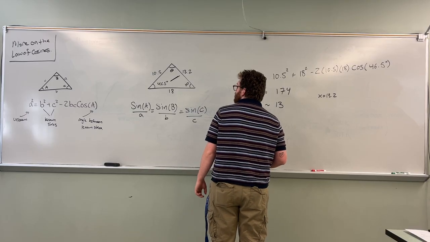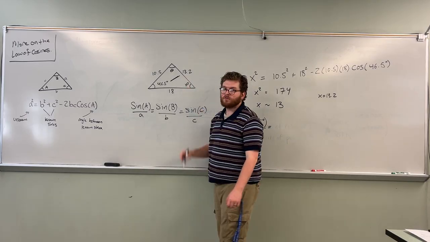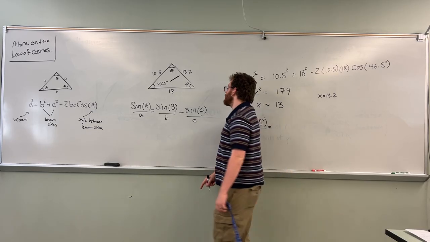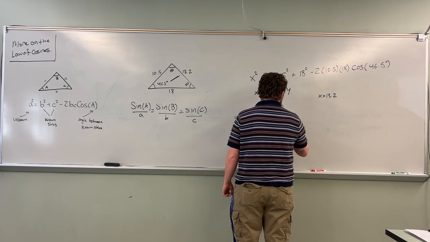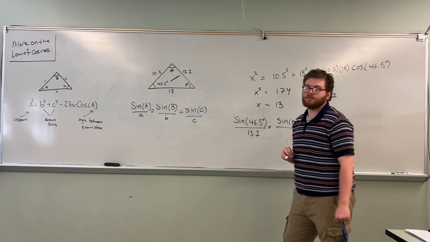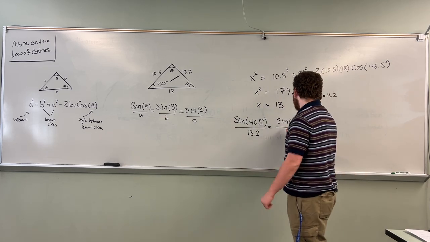is equal to, do we want to solve for theta or phi first? It doesn't matter which one. Theta? All right. So I'm doing sine of theta. And then what is the length of the side opposite that? 18.